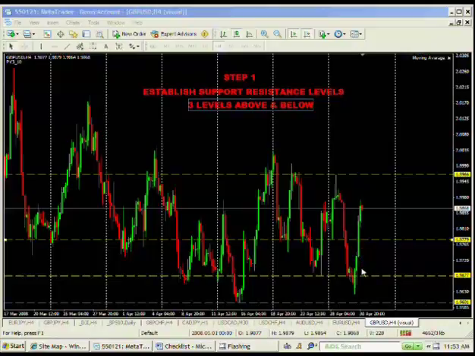If you get a signal here above this next resistance level, then you can re-enter long again, and you know your next obvious profit target is going to be here.